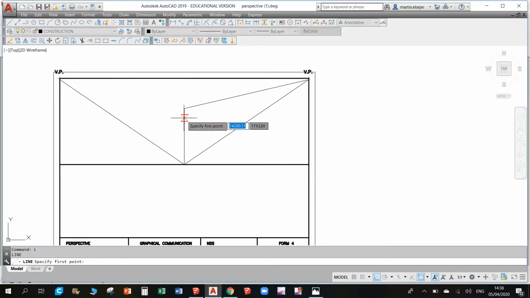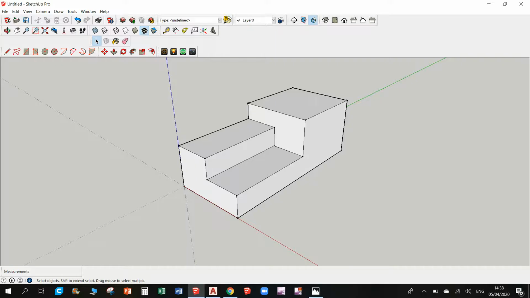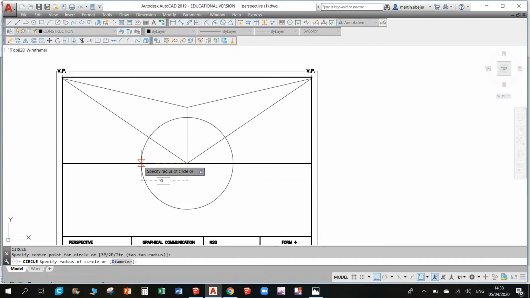Perspective as a drawing gives you the impression that things which are far away look closer. So we cannot put the measurement straight away on the perspective, because that defeats the purpose. So what we're gonna do is this. We said that this is 90 millimeter. So here, I'm gonna measure 90.